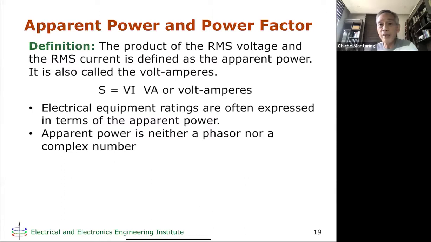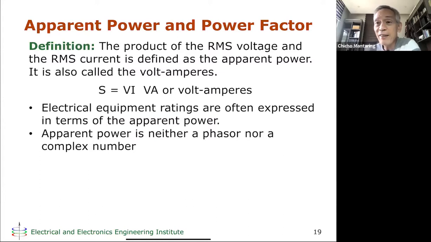Doon mo makikita yung specifications ng transformer. Pag minsan sasabihin doon sa nameplate, this transformer is, let's say, 1,000 watts. Pag minsan ang nakalagay naman doon sa nameplate, this transformer is 1,000 volt amperes.